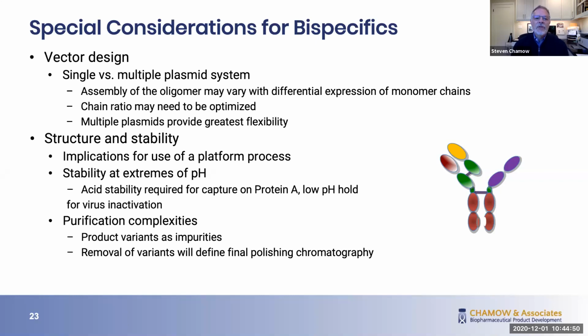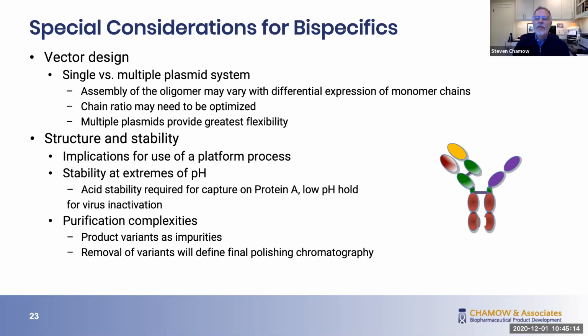The purification complexities that enter into the bispecific situation. As I said, the product variants, these are all considered impurities, and so they need to be removed. The challenges for removal of these in the downstream process are considerable, as any of you who have tried to do this will know.